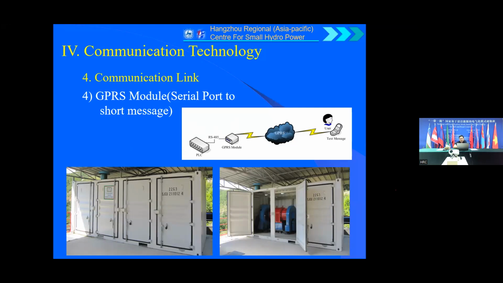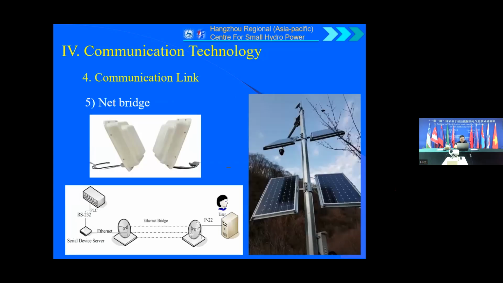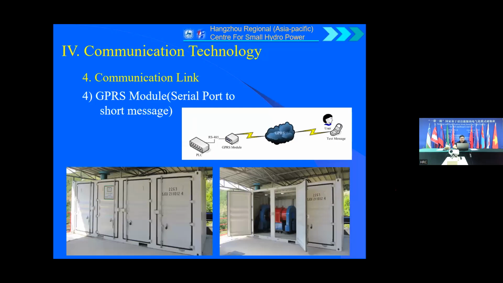For example, we send 1 to this cell phone number, and that means start the unit, send 2 to this cell phone number, and that means stop. 3 means to see the real working status information of the unit, and if there is an accident or some fault occurs, this device will also send a short message to the cell phone. That's the GPRS modem.